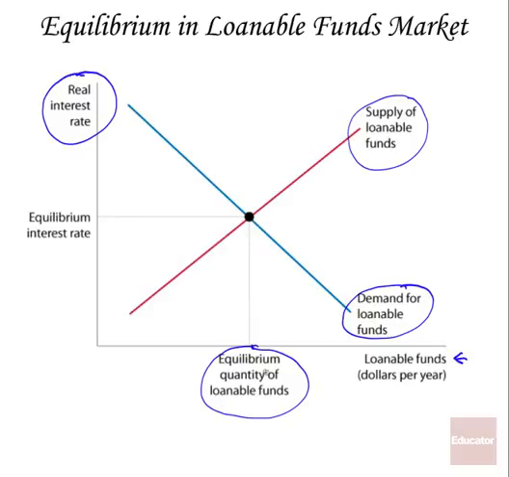Now, if you want to write them out so you get it absolutely correct, that's fine. Or you could just label this as R. And rather than writing out supply of loanable funds here, you could put loanable funds right here, and this indicates that these are the loanable funds. Just put S1 here.